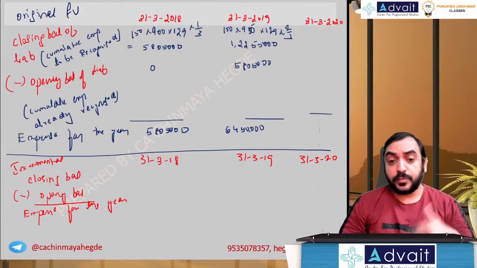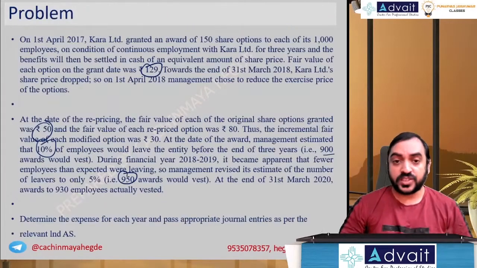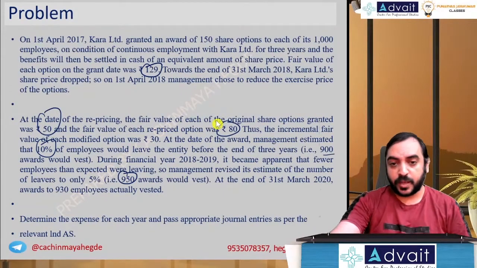Okay, in the same year, I will do the incremental also. First year, nothing happened. Second year, the incremental happened. And how much is the incremental amount? From 50 rupees to 80 rupees, 30 rupees incremental amount we should consider.